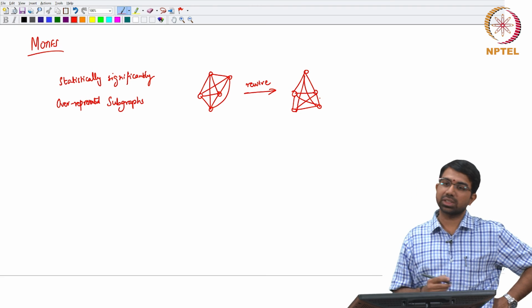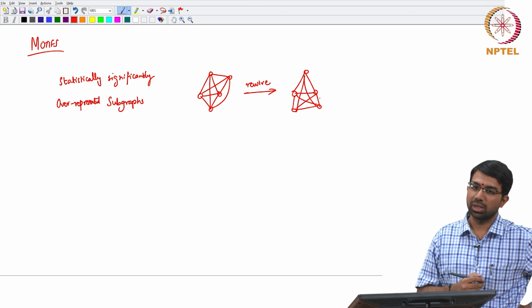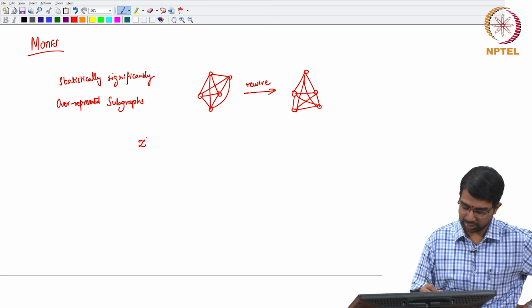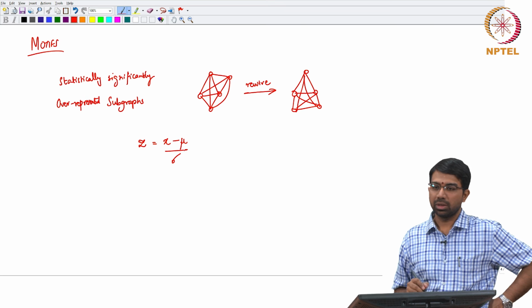So, what other measures of statistical significance can you use? A simple way is to look at the Z score. What is Z score? Right.